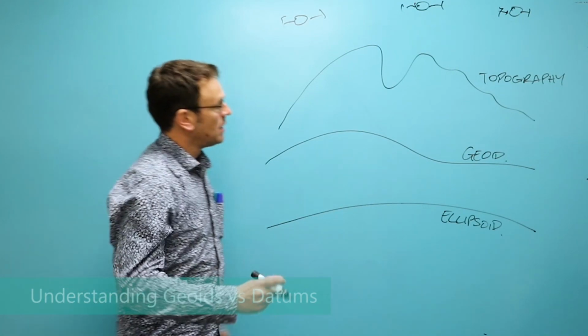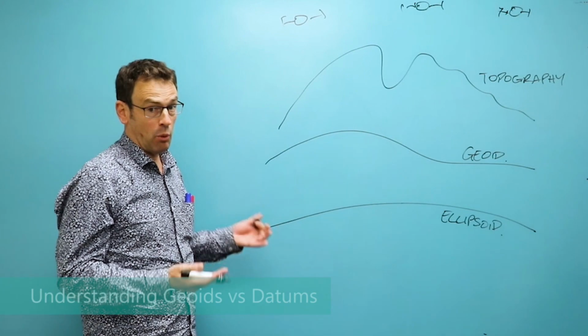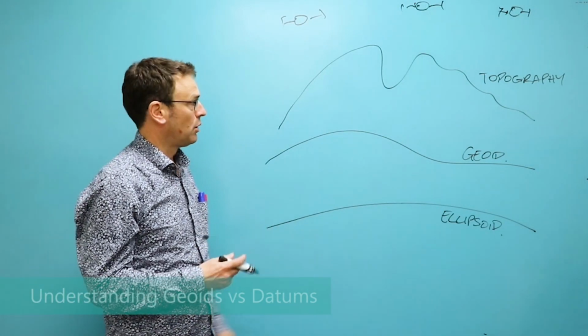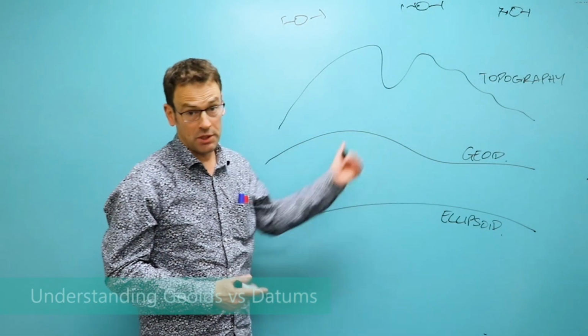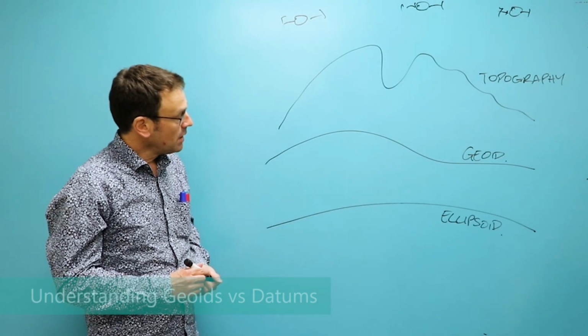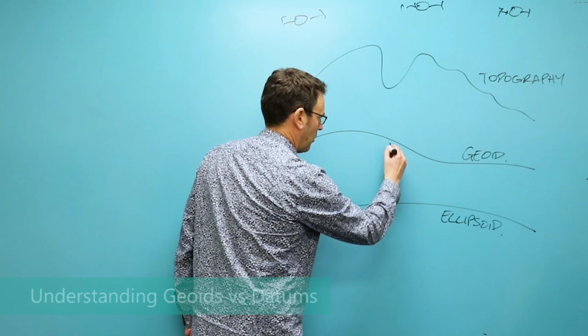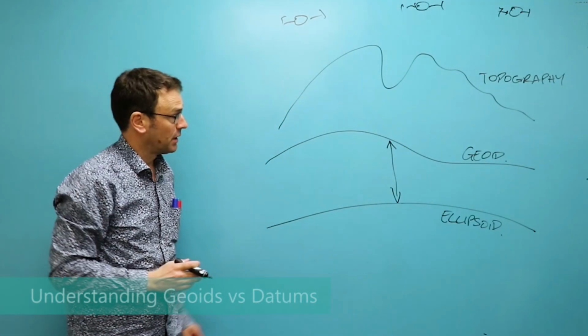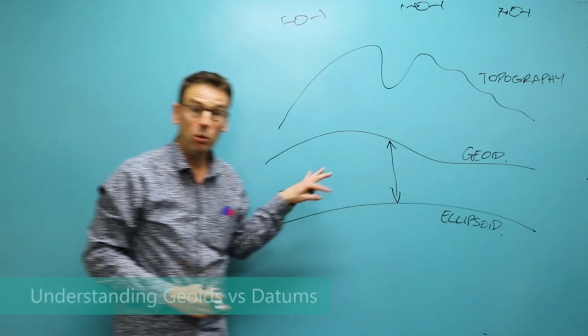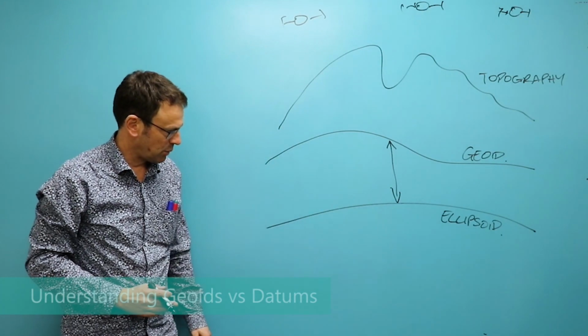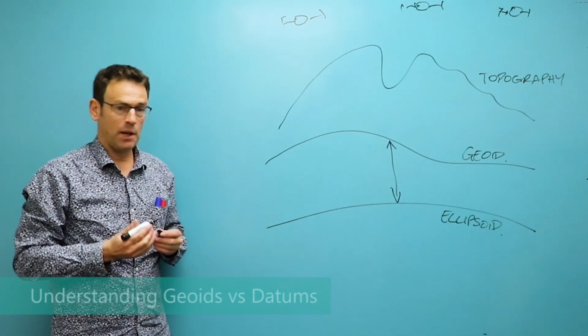That's fine, but what was not well known and what GPS couldn't do was define gravity or the geoid that well. So this figure, what we call the geoid separation, or more importantly the model that models the difference between the geoid and the ellipsoid became more important.